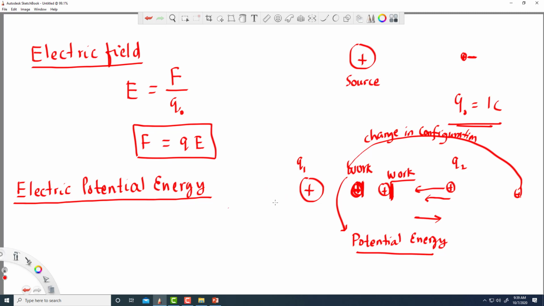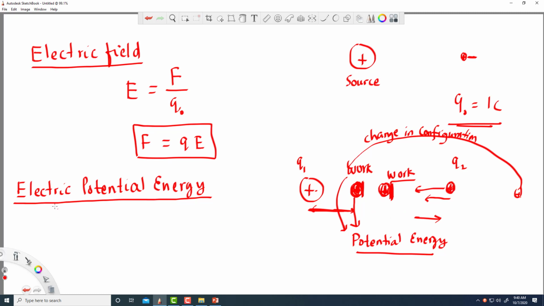So this one has now potential energy, and depending on the distance, the charges may have different potential energies. The potential energy here would be greater than the potential energy here.